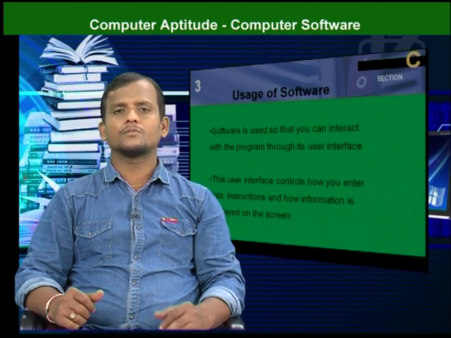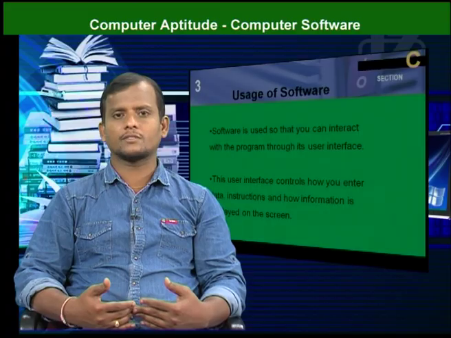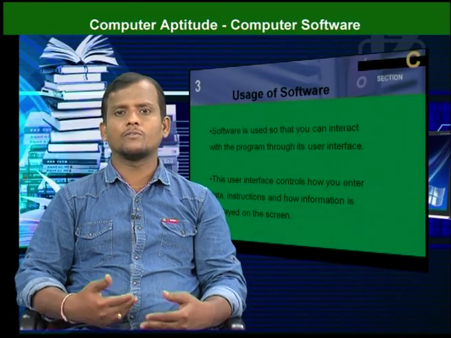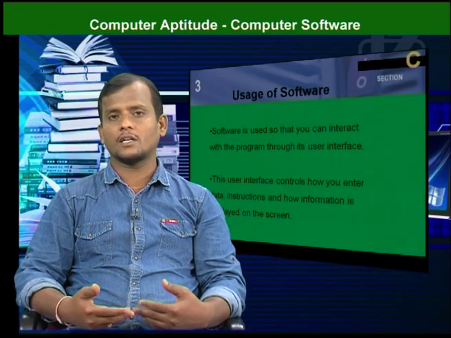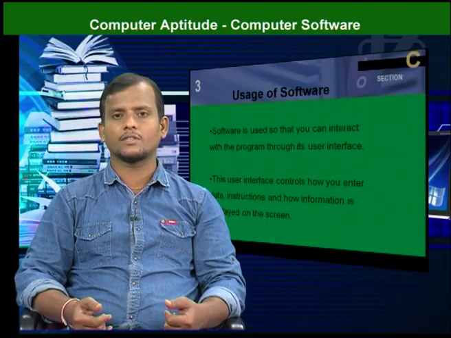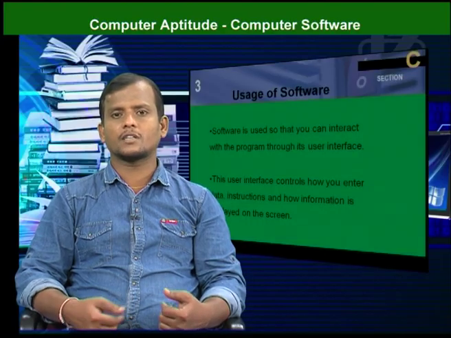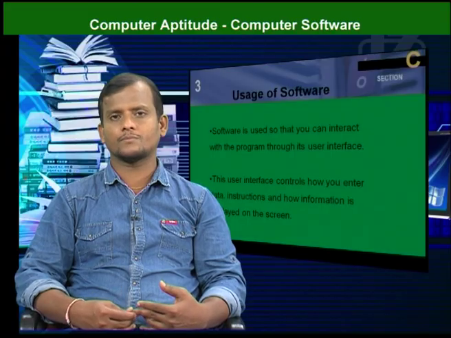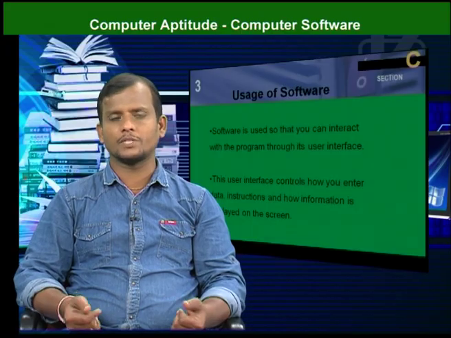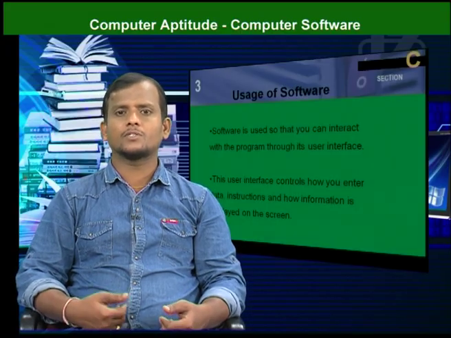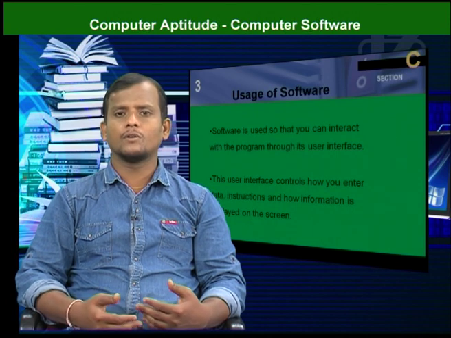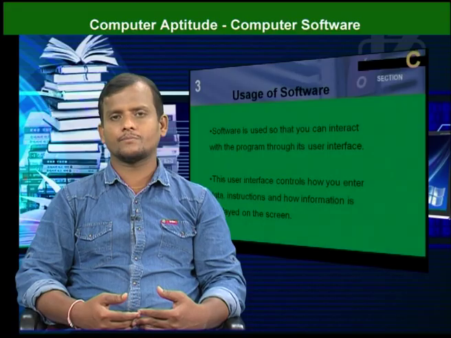Software is a user interface actually, used to interact with the program. So using this software you can interact with the program of a machine or a computer. This interface controls how you enter the data, instructions, and how information is displayed on the screen.